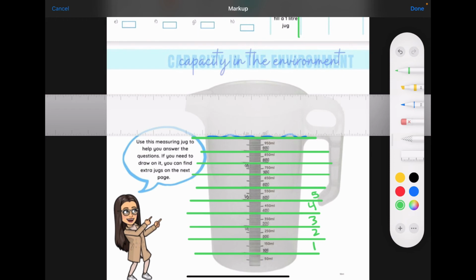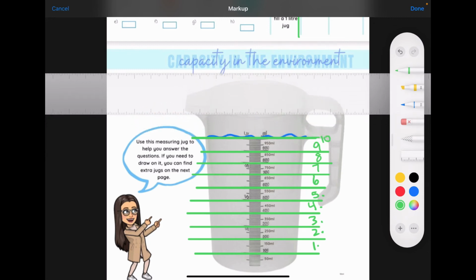So we have been able to fill a container that has a capacity of 100 mils 1, 2, 3, 4, 5, 6, 7, 8, 9, 10 times. So I wonder if that is what you predicted. Did you predict that we could fill it up 10 times?